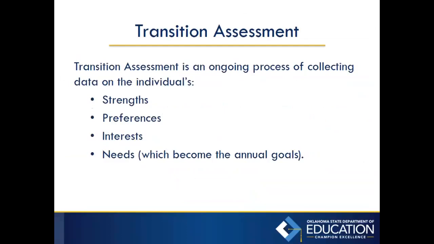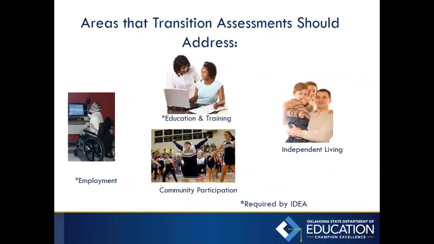Transition assessment results provide an indication of students' progress toward reaching their post-secondary goals. All students must be assessed in the areas of education, training, and employment. Independent living and community participation are required for students who participate in the alternate assessment, or the OAP. So that's for our most significant students that participate in that.